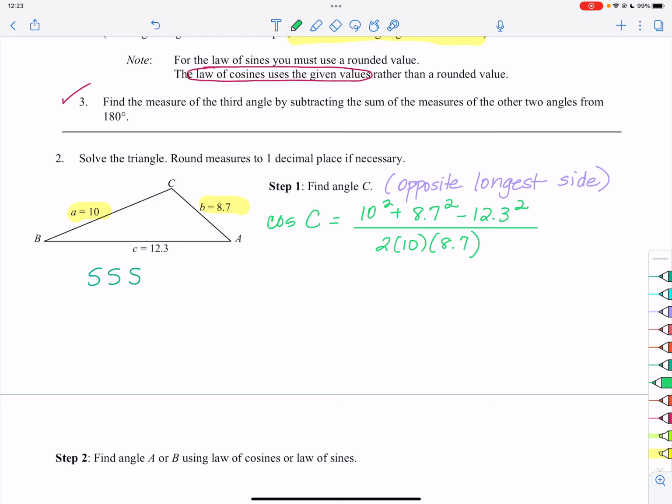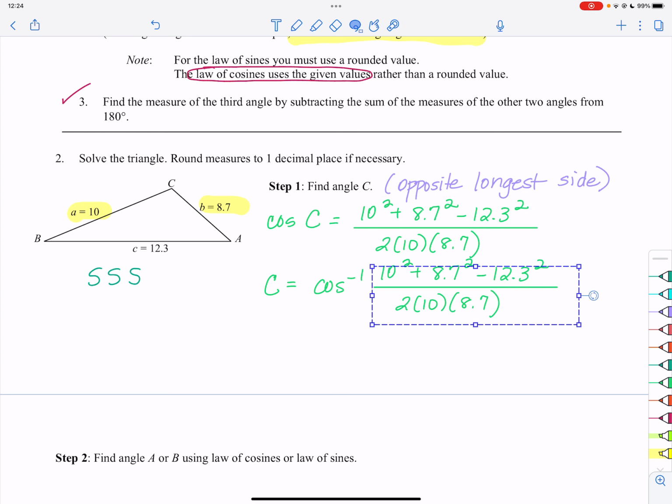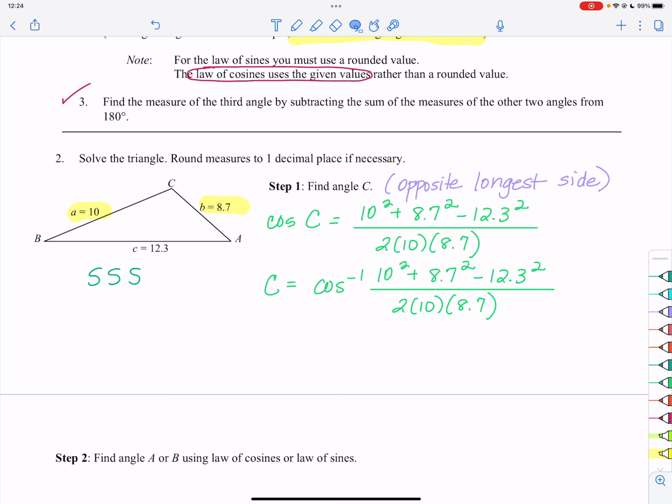Okay, and so now we know that C is equal to the cosine inverse of this expression.